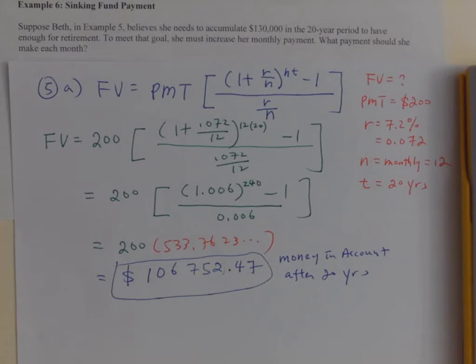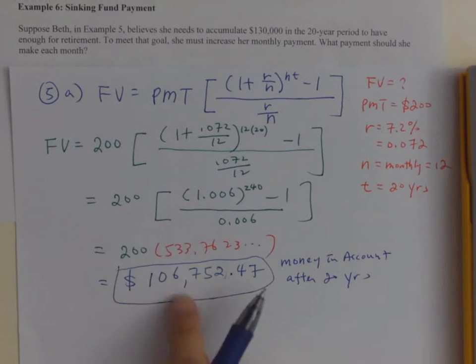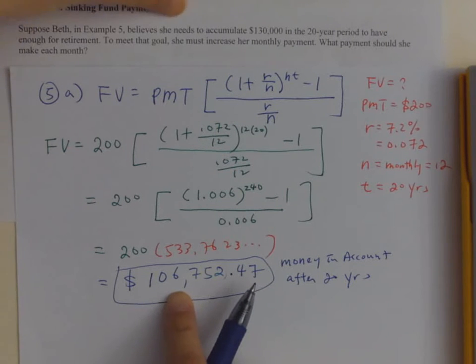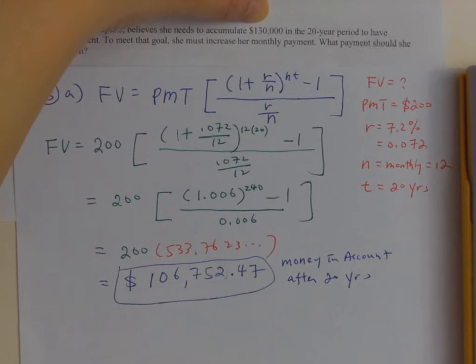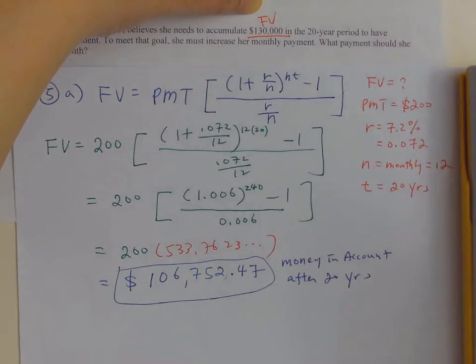So we're going to need to find payment this time. For Beth, in example 5, she believes she needs $130,000 in the 20-year period to have enough retirement. She only saved up to 106,000 something, right? She thinks this is not going to be enough. She wants 130,000. So this is the future value.